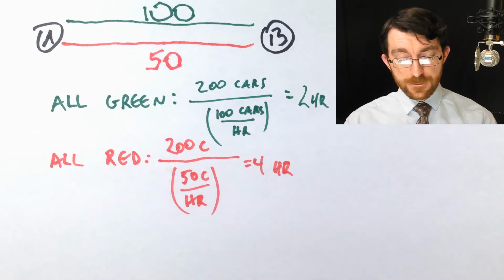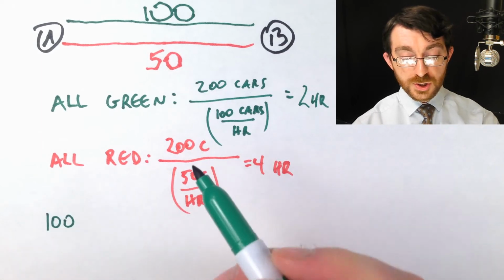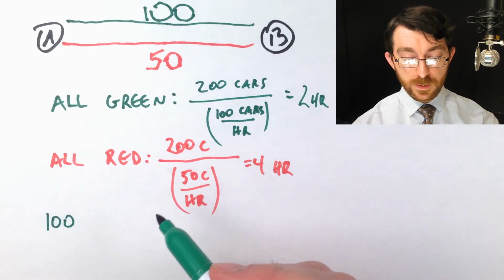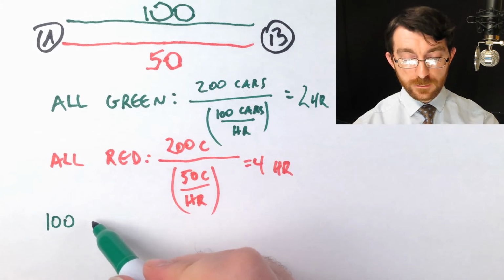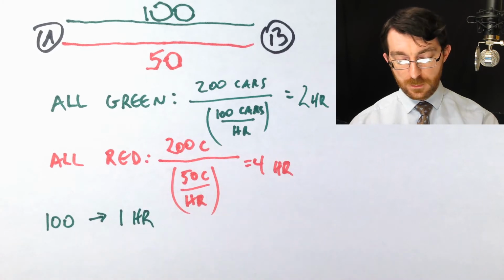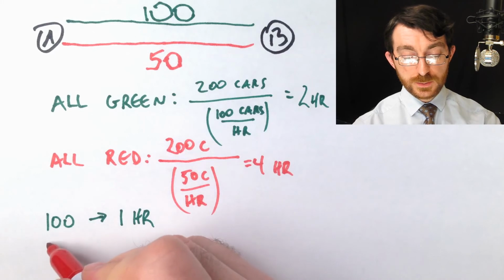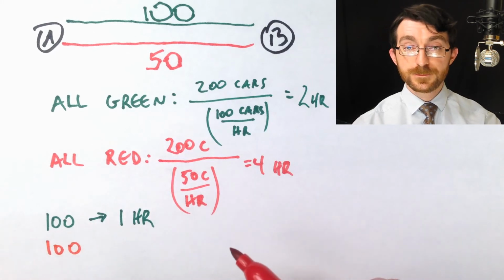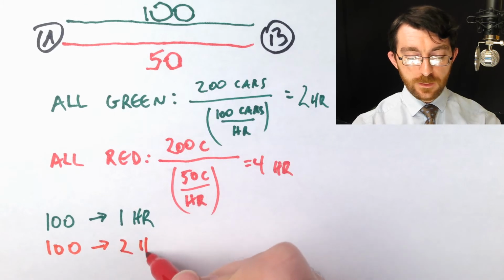So if we have 100 cars on the green road at 100 cars per hour, that's going to take 1 hour. If we have 100 cars on the red road at 50 cars per hour, that's going to take 2 hours.